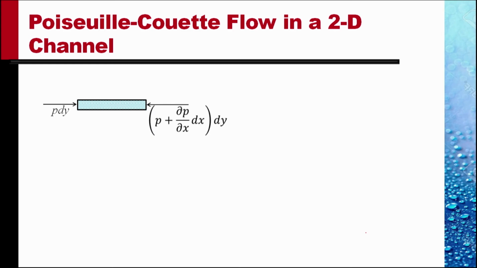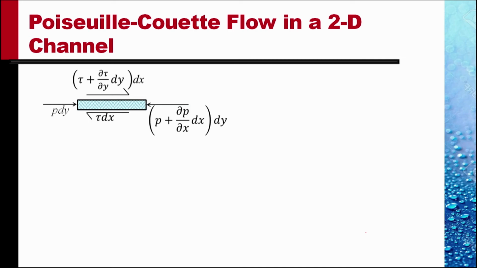By Taylor's expansion, the force on this face is P plus delta P by delta x into dx into dy. There is shear stress tau dx on this side. There is a shear stress by Taylor's expansion tau plus del tau by del y into dy into dx on this side.